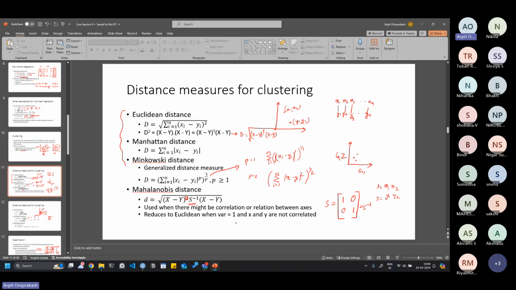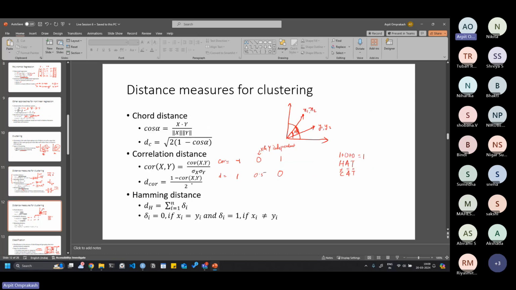When variance is 1 and x and y are not correlated, then this matrix turns out to be an identity matrix and the equation turns out to be the Euclidean distance.